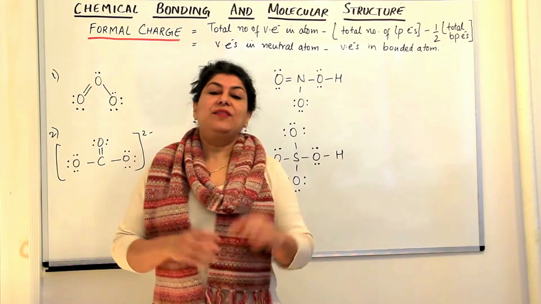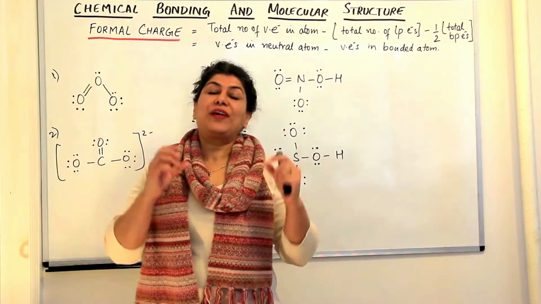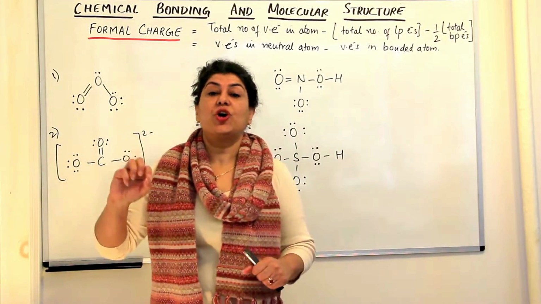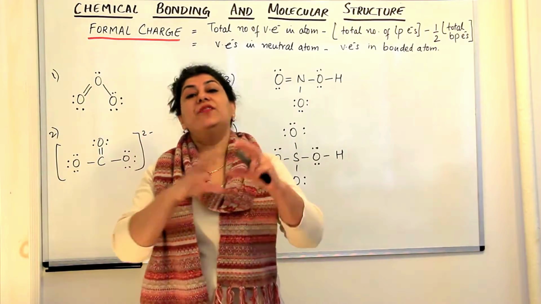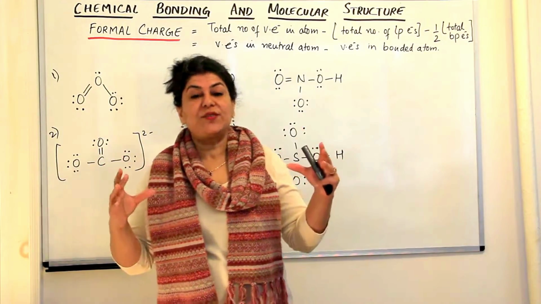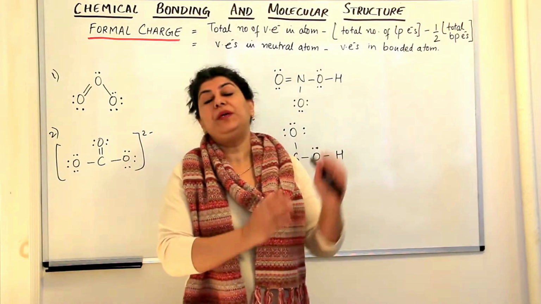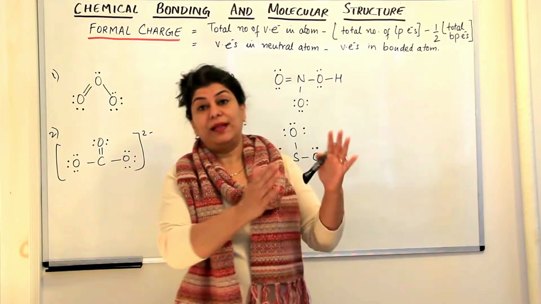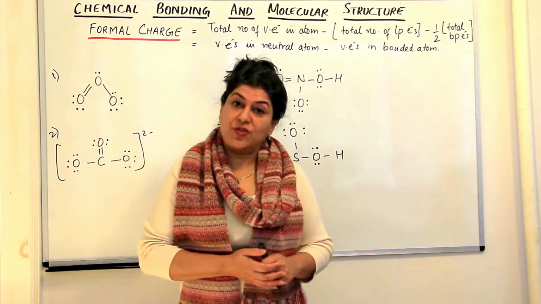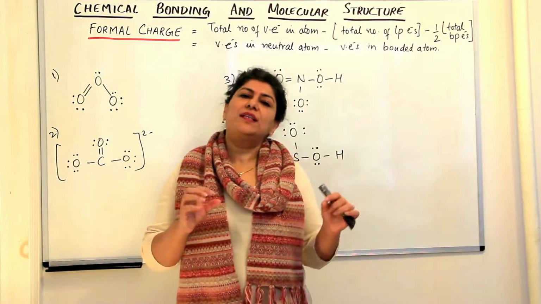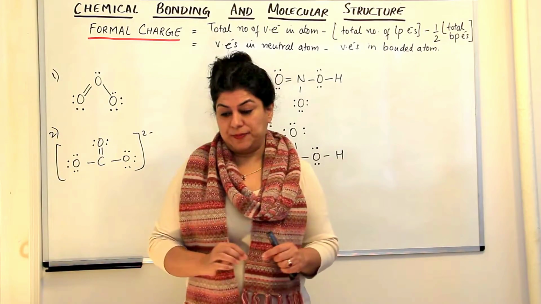To know that, we have a process of calculating the formal charge of every atom in the molecule. And the Lewis structure which has minimum formal charges would be the appropriate one, the one that we would choose to be our final structure. So let us see what this formal charge is.